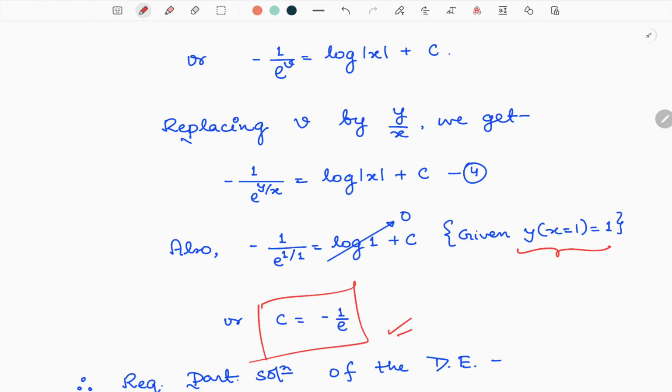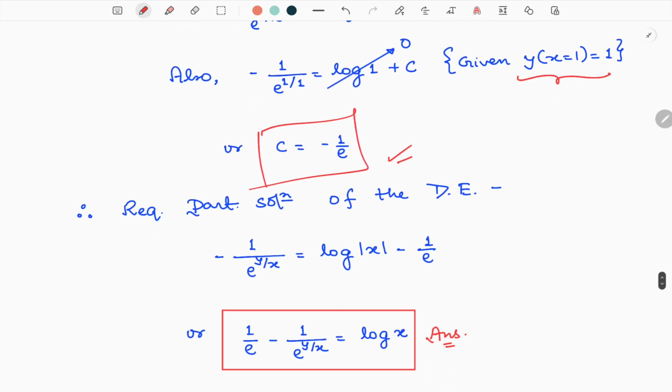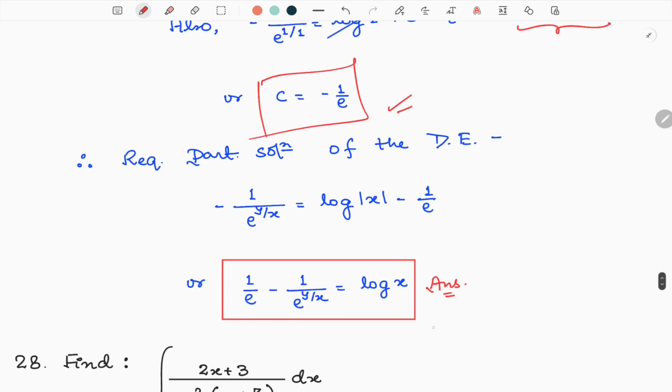So if you put the value of c in equation number 4, you will get the required particular solution, that is, minus 1 upon e to the power y by x is equal to log of mod x minus 1 by e. Now rearrange the equation, and you will get 1 by e minus 1 upon e to the power y by x is equal to log of x. So this is the final particular solution of the given differential equation.